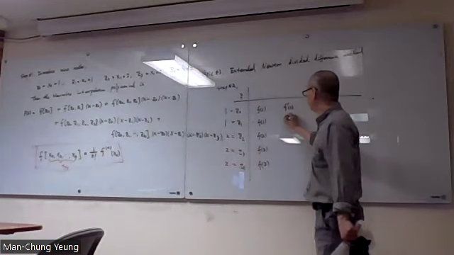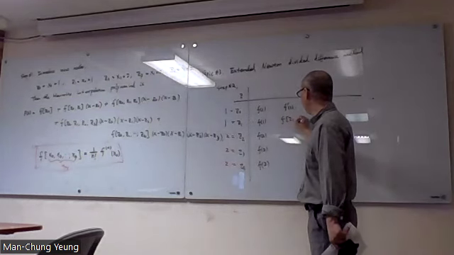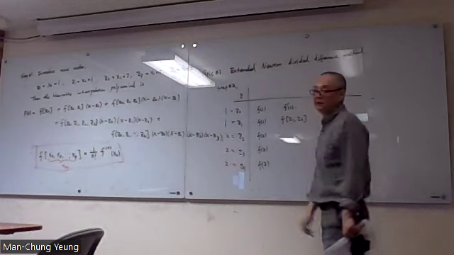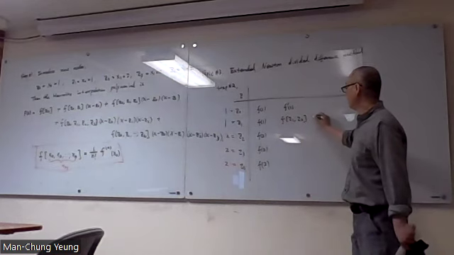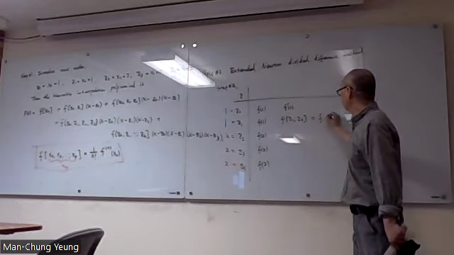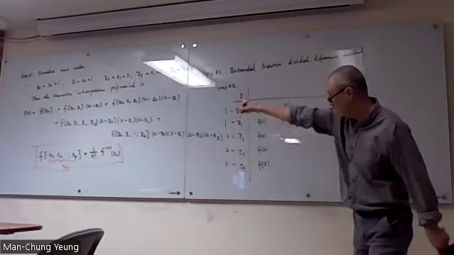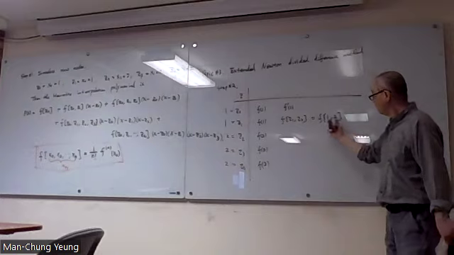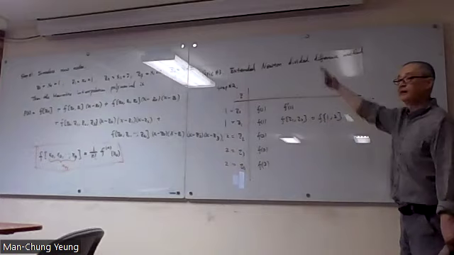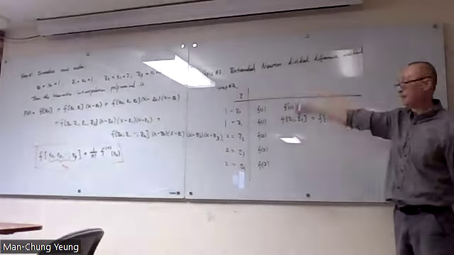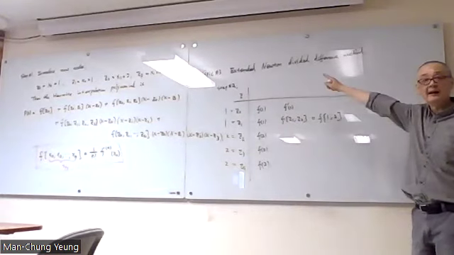How about here? This is C1, C2. What is F[C1, C2]? C1 is 1, C2 is 2. Now they look different, then we have two formulas. Use the second one.